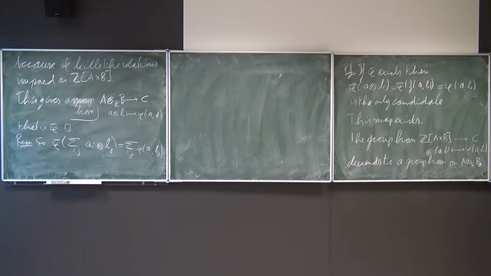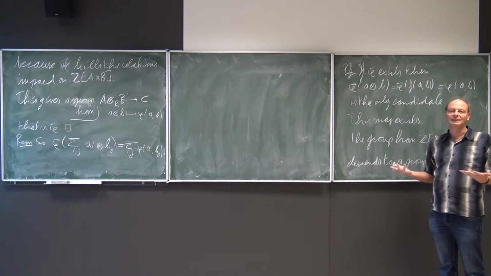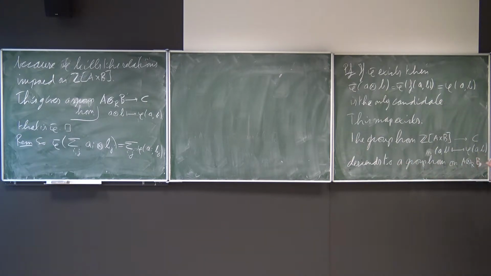And that will be the tensor product. So that will be a categorical way of constructing this thing. Of course, it doesn't tell you it exists, but it tells that if it exists, it is unique up to unique isomorphism. And the construction we had was just writing this down explicitly. So both approaches are valid again, but maybe for the first time it is better to see an explicit construction.